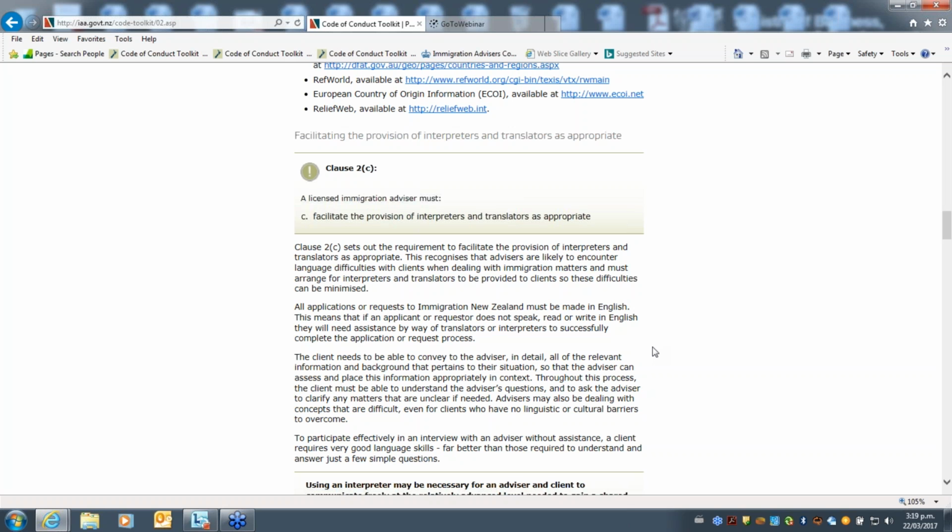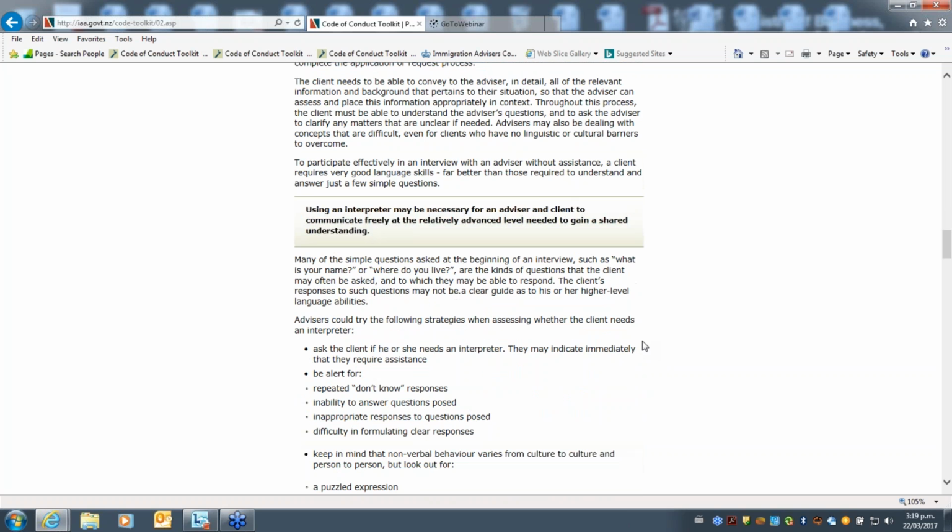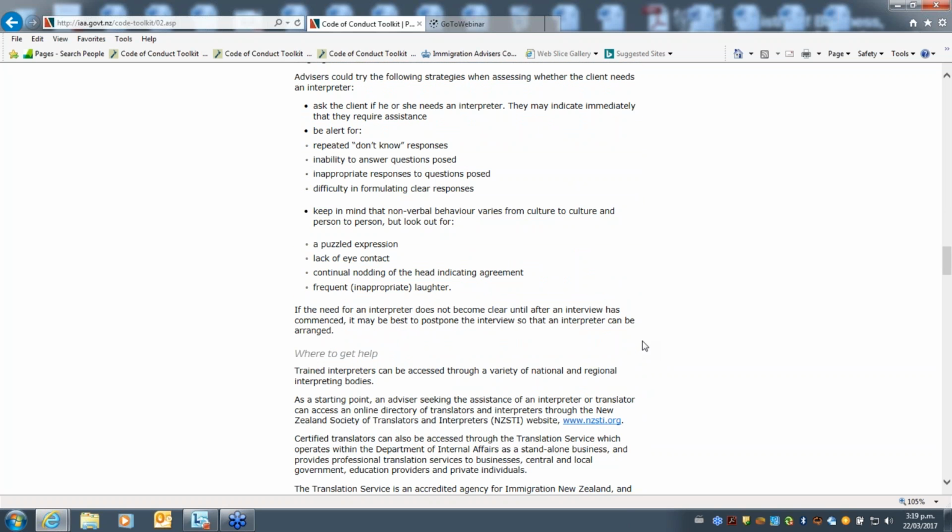They're not officially an interpreter, and there may not be that direct instruction in terms of what they are expected to be telling the client. So it's really important that you understand the principles of good interpretation, which are covered here in the toolkit.